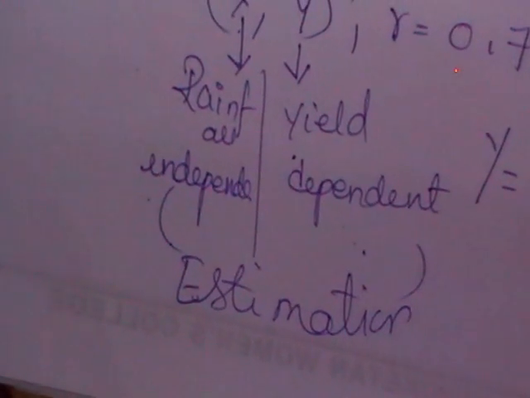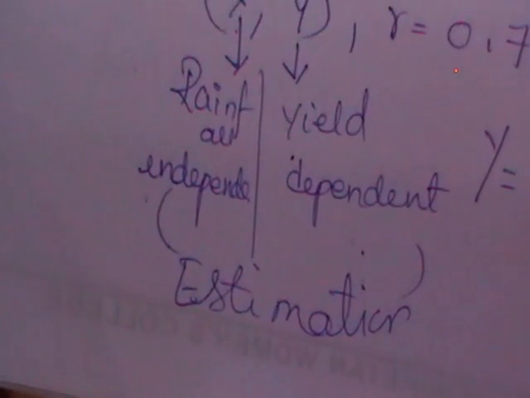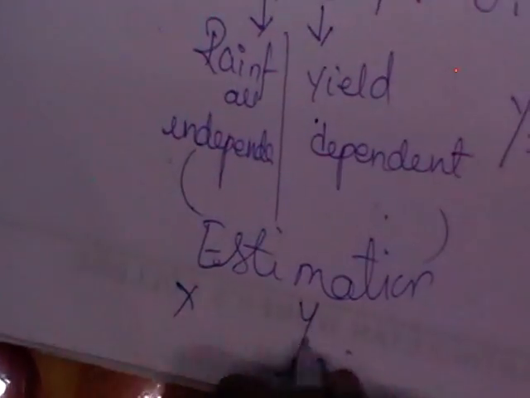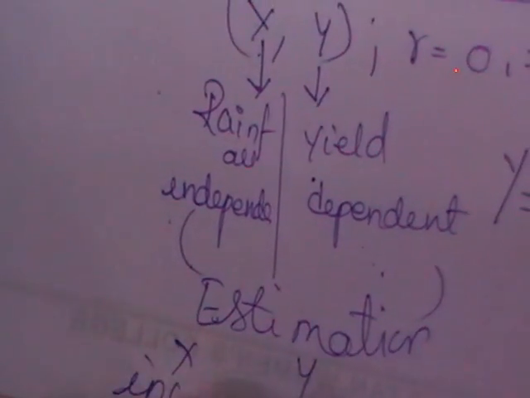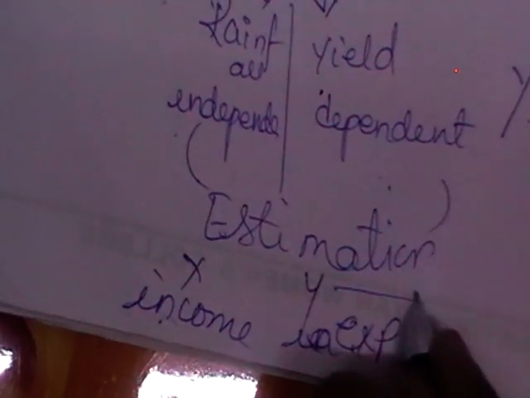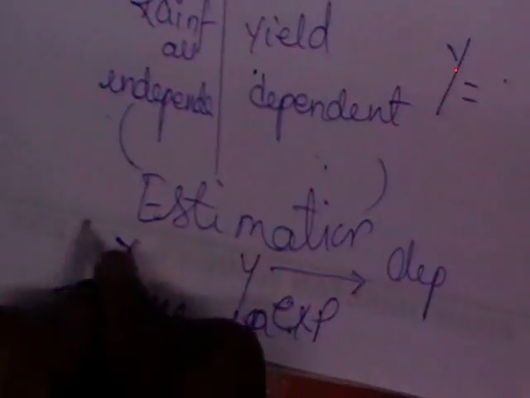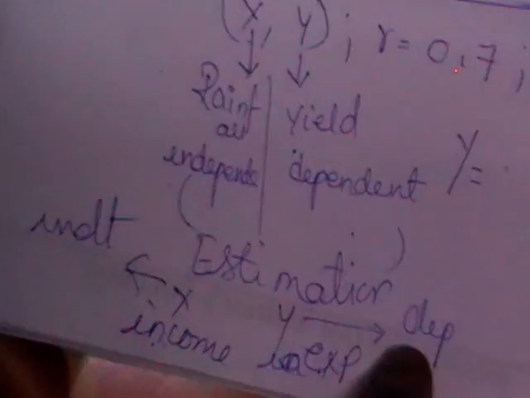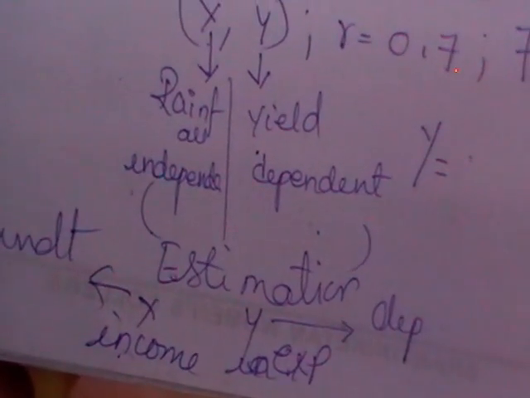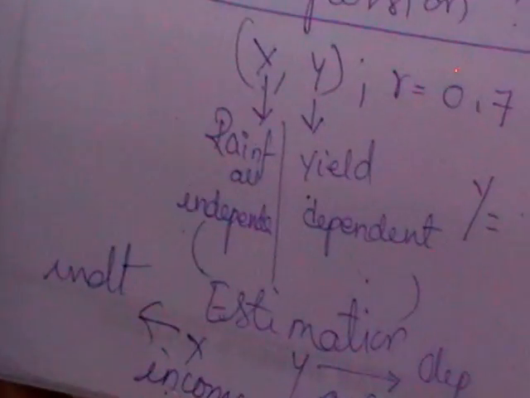Similarly, consider income and expenditure. If you consider income as x and expenditure as y, expenditure is dependent on income, so we call y the dependent variable and x the independent variable. Generally, the one that depends on the other variable is called dependent, and the one that makes the changes is called independent.